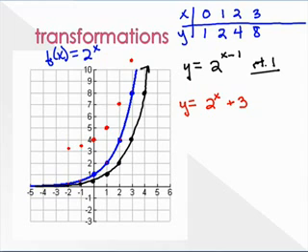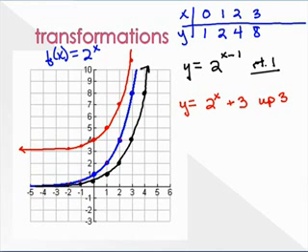So notice now what this looks like. Our horizontal asymptote has changed. It is now 3 units higher. So our curve is getting closer and closer to the line y is equal to 3. But this one then, with that plus 3 at the end, is moved up 3.